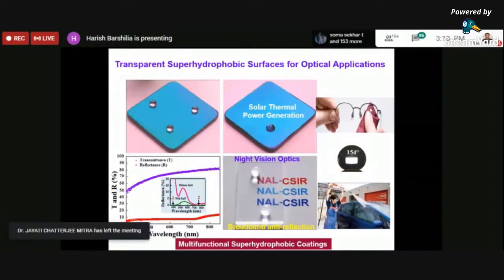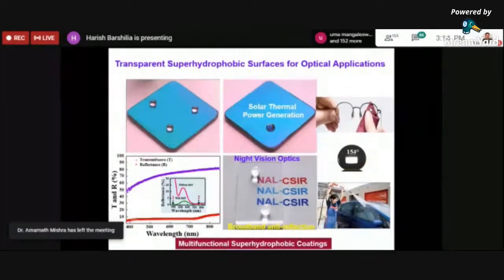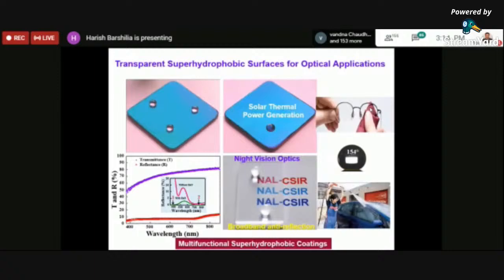So think about a coating which is scratch resistant, hydrophobic, anti-reflection and anti-glare. These coatings are already there in the market. We have developed these transparent super hydrophobic coatings, and they can be used not only for the applications I spoke of, but also for niche areas such as photovoltaics, night vision optics, and IR thermal imaging cameras.